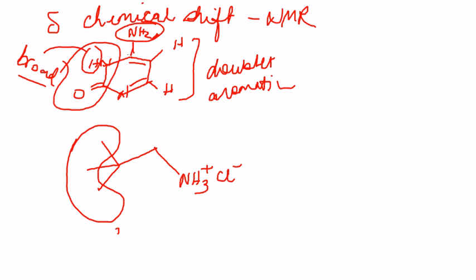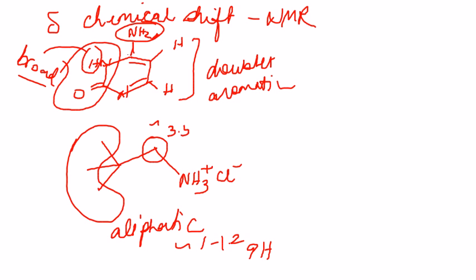Realize these are aliphatic hydrogens, so they're going to show up approximately 1 to 1.2 worth 9 protons, since it's a T-butyl group. There is no hydrogen here. You have 2 hydrogens which are right next to the nitrogen, so they're going to show up probably approximately around 3.5 to 4, since nitrogen is electronegative. And of course you have the NH3 plus, that's going to show up as a broad peak as well.